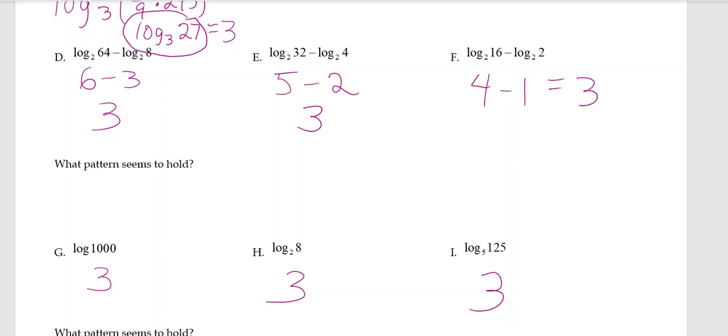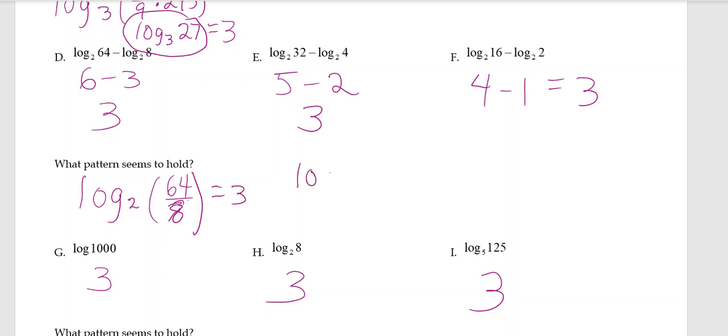I would like you to stop here and see if you can figure out what the pattern is here. All right, anybody get it? Is it this? If I take the log base 2 and if I divide these two numbers, 64 divided by 8, that gives me the log base 2 of 8, which is 3.